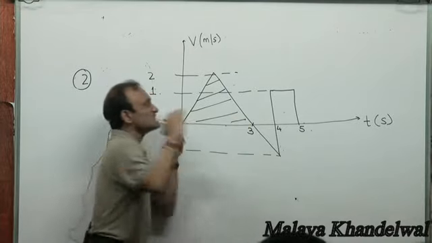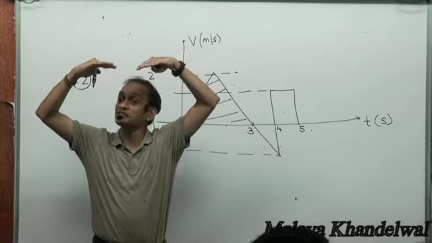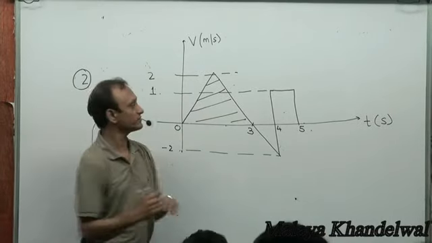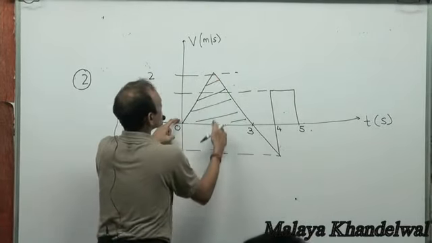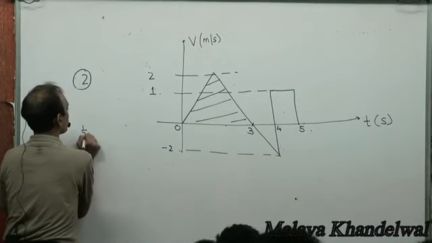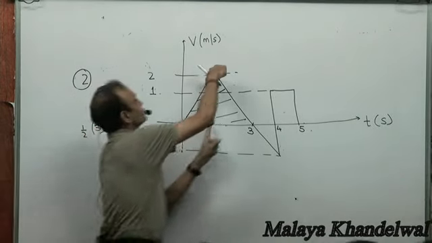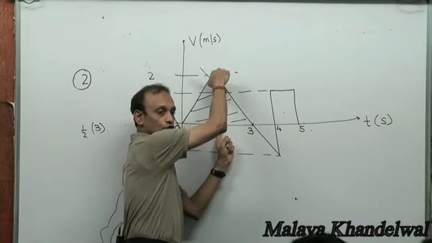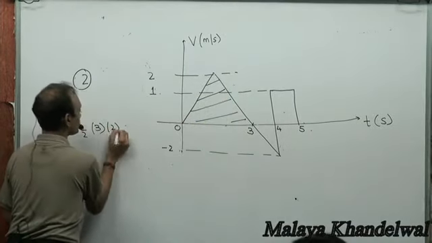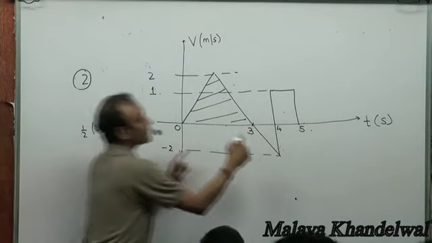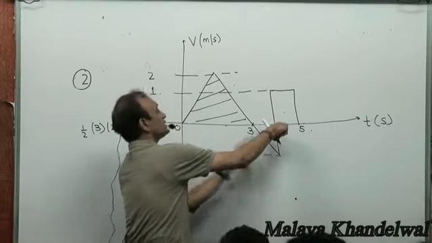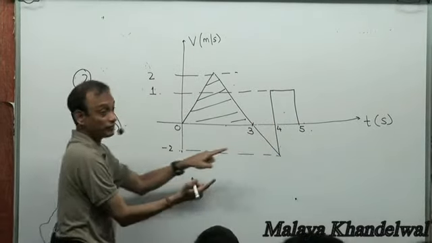So the areas above the horizontal axis are positive. The areas below the horizontal axis are negative. So this area very clearly, what is this area? Half of 3 into 2 is this area. Yes or no? Half of base into altitude. Positive. Then this area very clearly 2 into 1, 2 units into 1 unit, but negative, right?